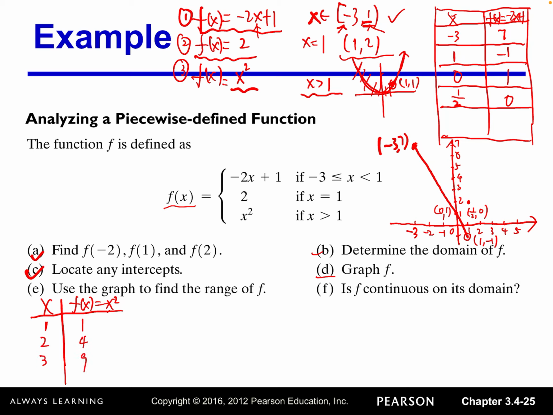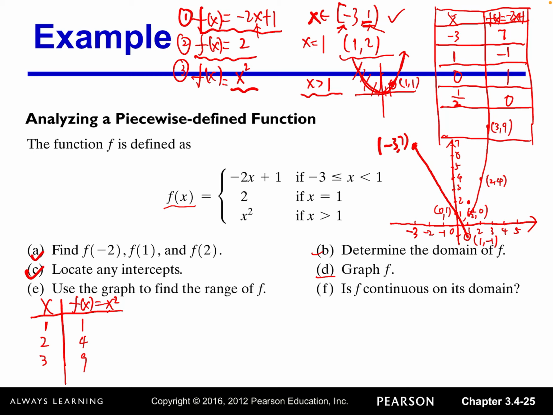So we got 3 points. (1, 1) is right here, (2, 4) is here, and (3, 9) is about here. So it's about like that.